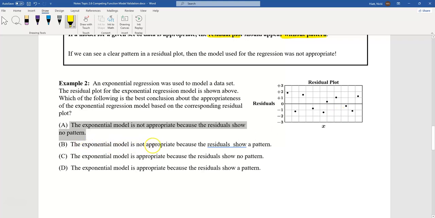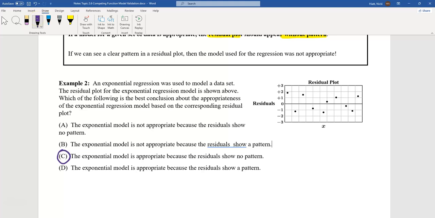B, the exponential model is not appropriate because the residuals show a pattern. Now that could be correct, but do you guys see a pattern over here on your residual plot? It looks pretty scattered and random, right? So that's not going to be our answer. C, the exponential model is appropriate because the residuals show no pattern. Here's what we want right here, right? We don't want a pattern with our residuals.